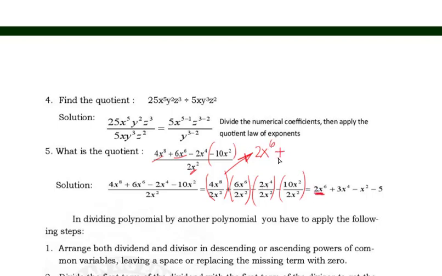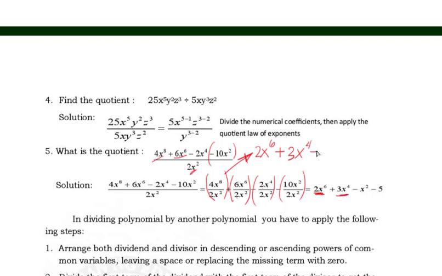Next, plus 6 divided by 2 is 3. And then, plus, idudugtong natin yung kanyang variable. So, x raised to 6 divided by x raised to 2 is x raised to 6 minus 2 is 4. Kaya, meron siyang 3x raised to 4.